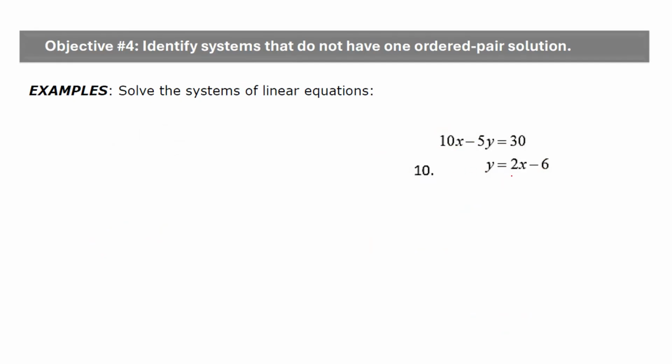Oh, our second equation here is already written in terms of x, meaning we know what y equals. So we can just use the substitution method to find our value for x. So we'll take our first equation and then we'll substitute in y.